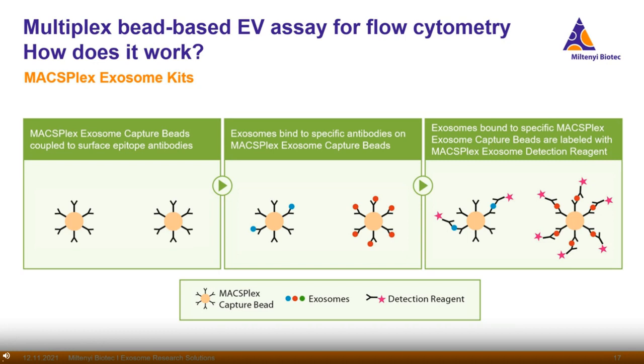And based on the fluorescence properties of the capture beads and the detection reagents, a semi-quantitative analysis of EV surface markers can be easily performed by flow cytometry. And the parallel detection of 37 different surface markers then results in a characteristic surface profile of an EV sample.